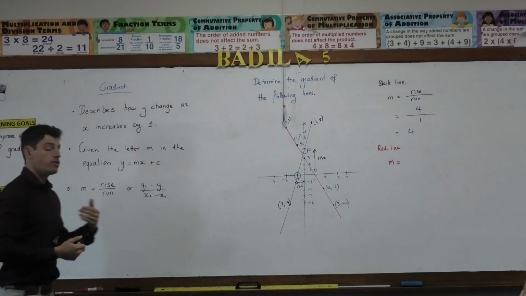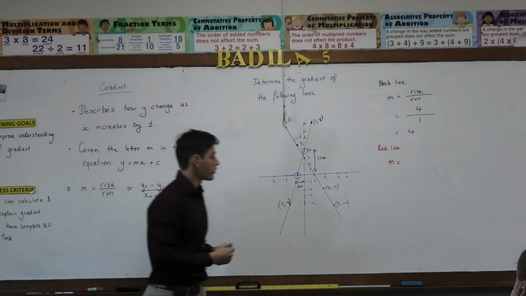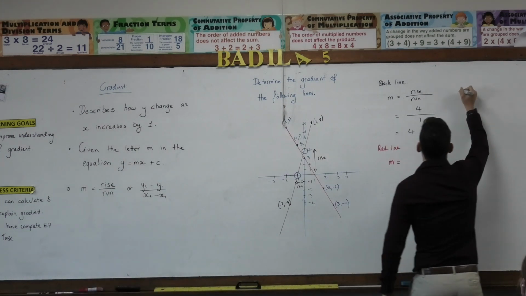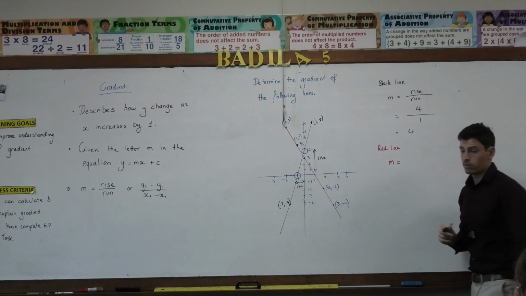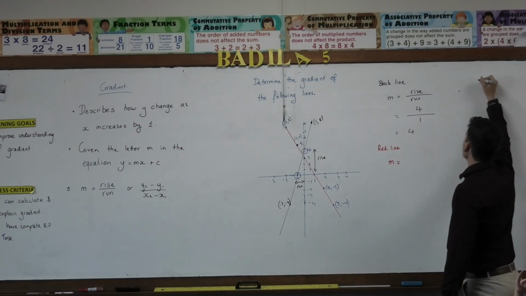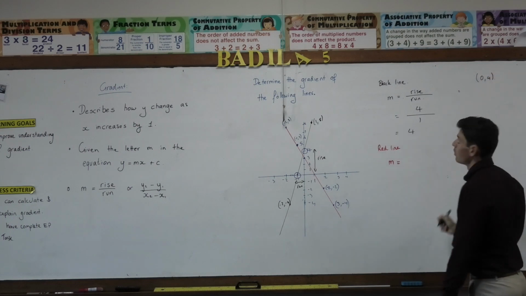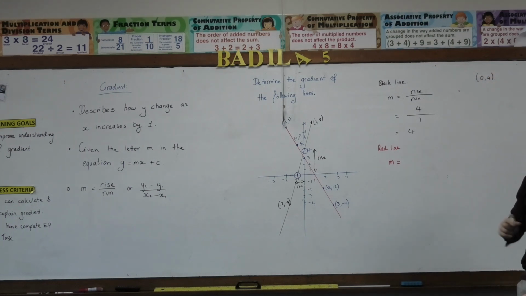Do you want me to show you how to use the other equation? You can use whichever one you want, but the other equation works like this. I'm going to call Flynn's coordinate, which was 0, 4, coordinate 2.